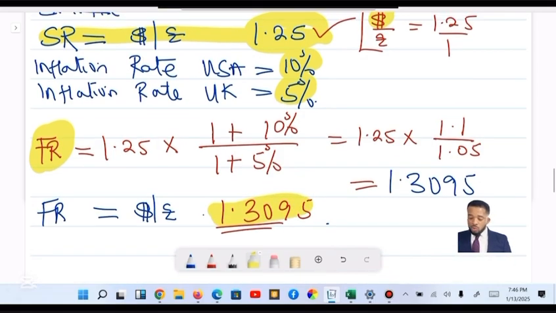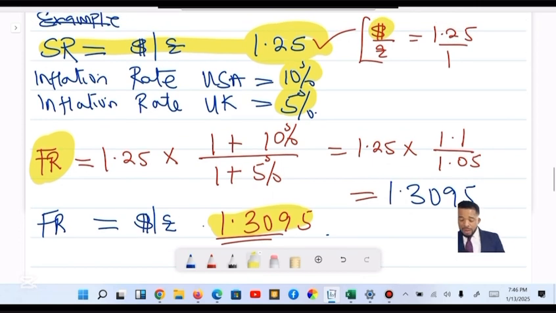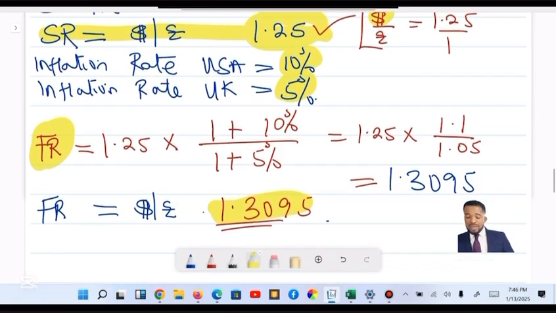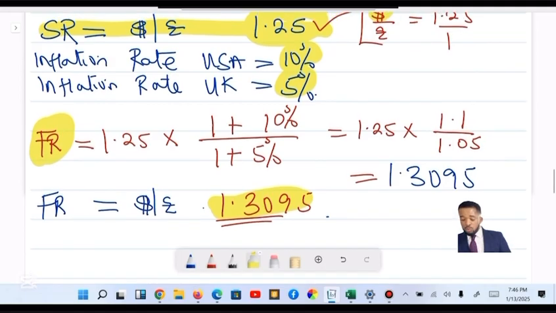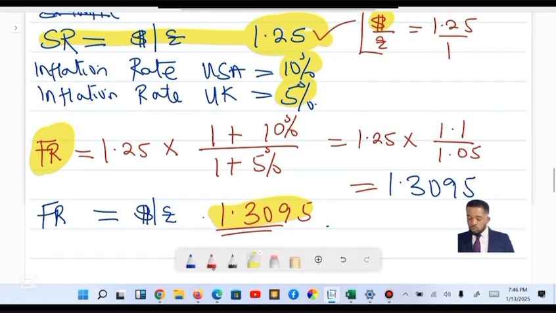Why? Remember our appreciation and depreciation of currency in the earlier video. We said when you have more quantity of a currency needed for another currency, it means that currency is said to have depreciated, which simply complies with what we have done so far.